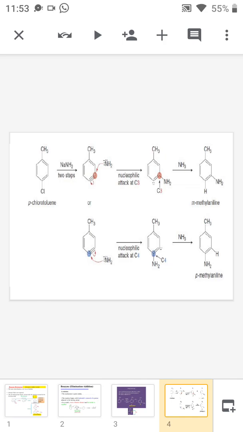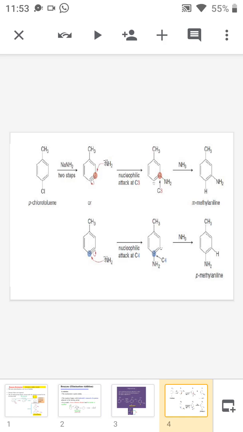We know that the more acidic hydrogen is the one ortho to the leaving group chlorine. So it will pick out the hydrogen which is ortho to the chlorine, and we get the benzyne intermediate like this.